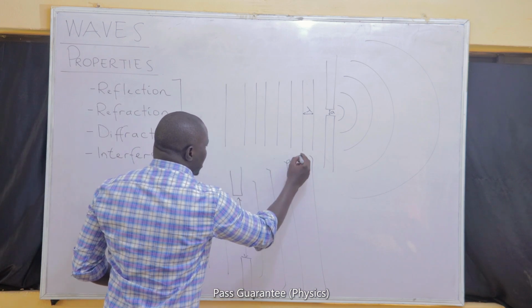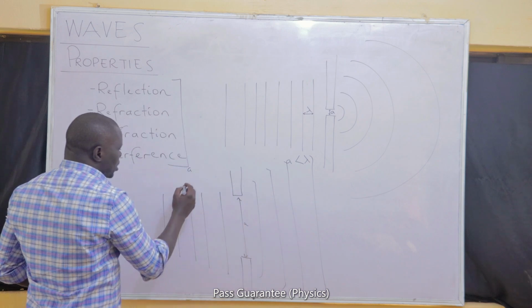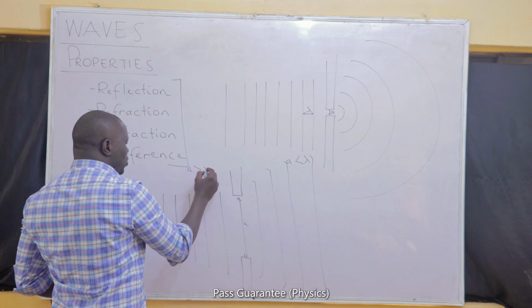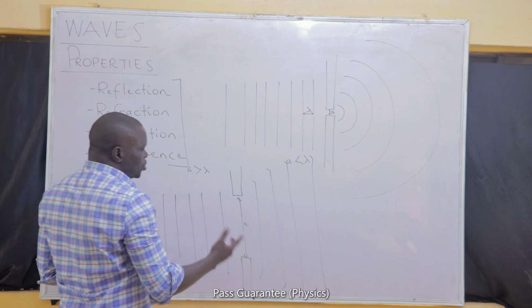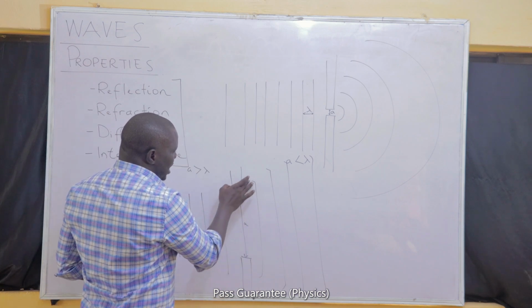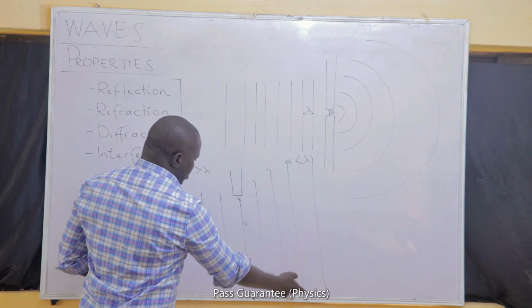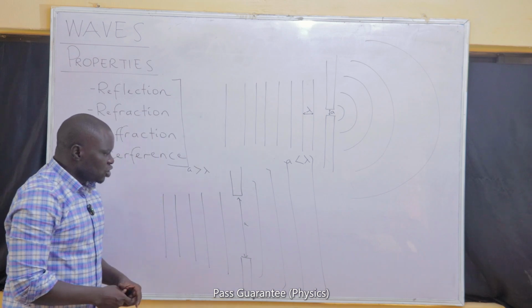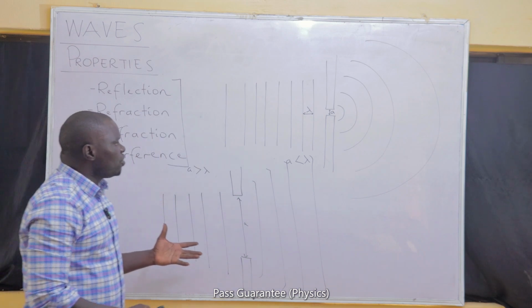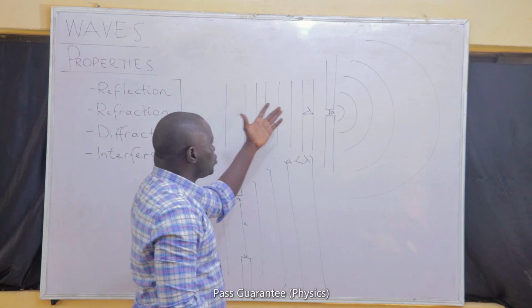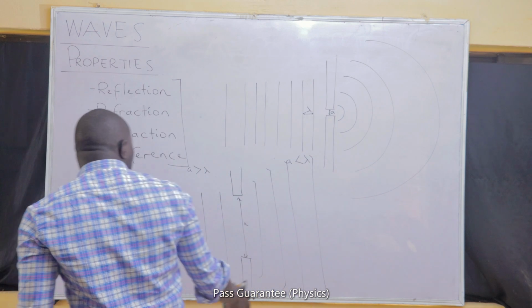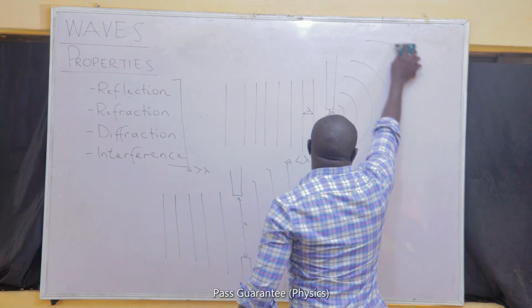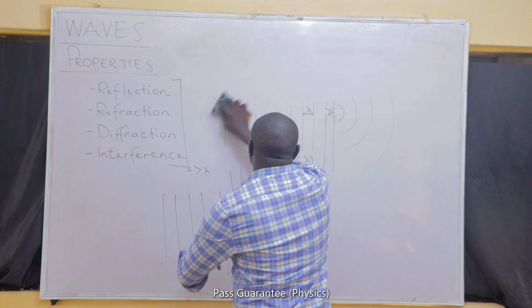If the opening is larger than the wavelength, that is when we expect that there won't be much diffraction. You just have slight curves around the edge of the wave. So the ability of a wave to force itself through a narrow opening that is placed in its path is called diffraction. Then we'll move on to interference.